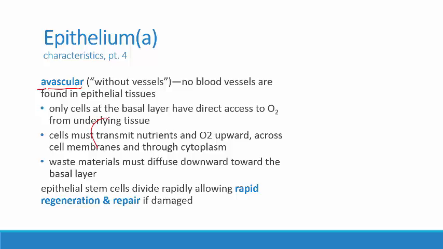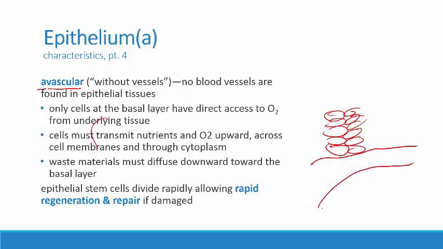And so that means that if the cells are in multiple layers, so here's some cells that are all layered up, here's the basement membrane, and down here we have blood vessels passing by. It's only this basal layer, the one that's attached to the basement membrane, that has direct access to blood supply.